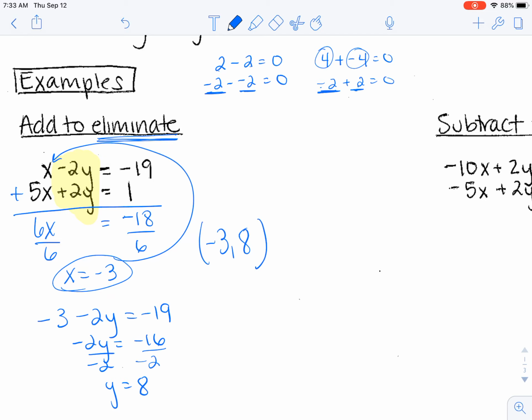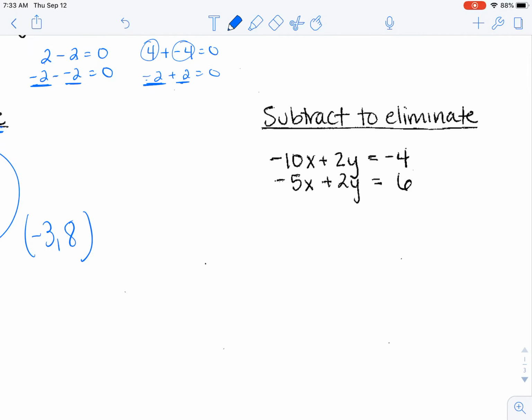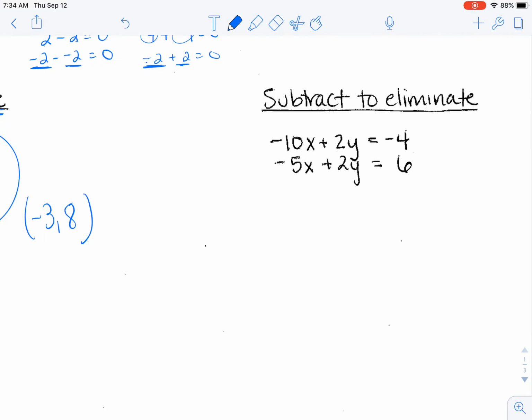Okay, so again, on this one, we added to eliminate because I noticed that the y values here, one was positive, one was negative. They're the same number. All right, so then let's look at the next one, subtract to eliminate. If I look at my y values in this case, they're the exact same, positive 2 and positive 2.